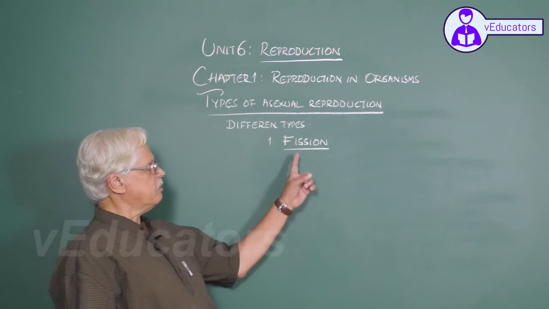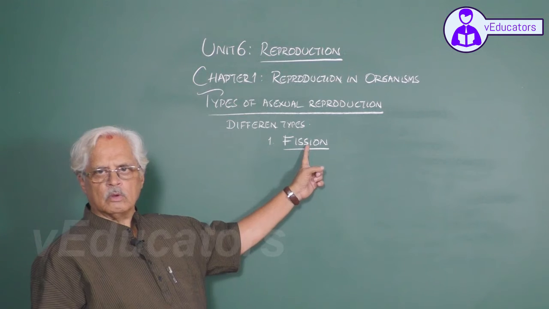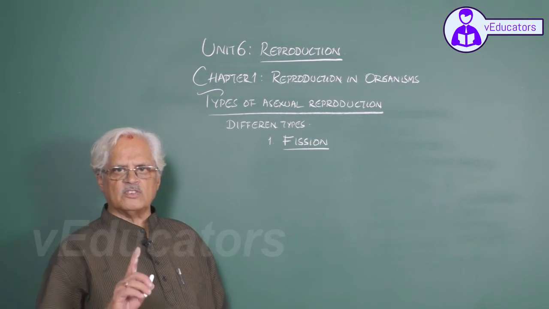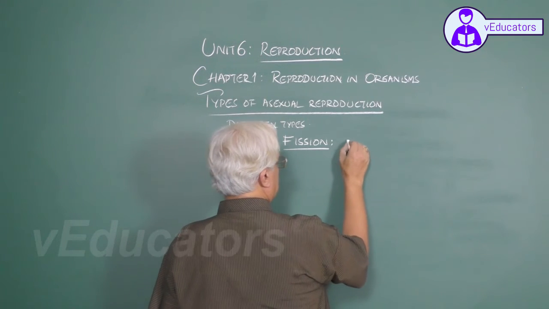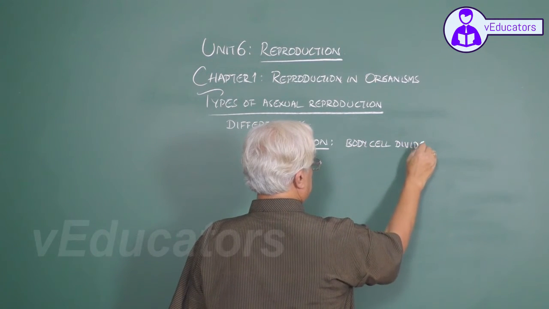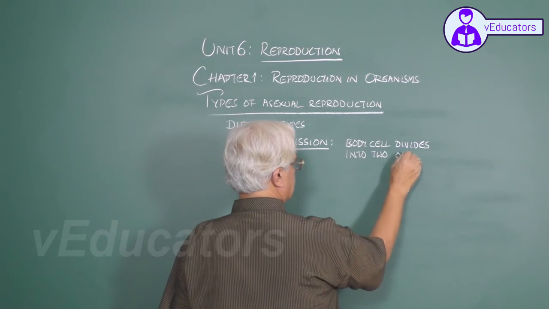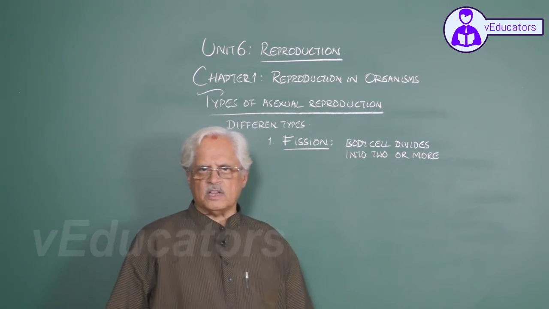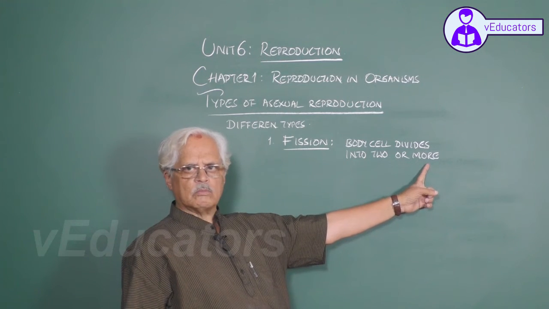Fission is a type of asexual reproduction that occurs in several unicellular organisms. Unicellular organisms contain only one cell in their body. So fission is a process by which the body cell representing the parent organism divides into two cells or more than two cells.